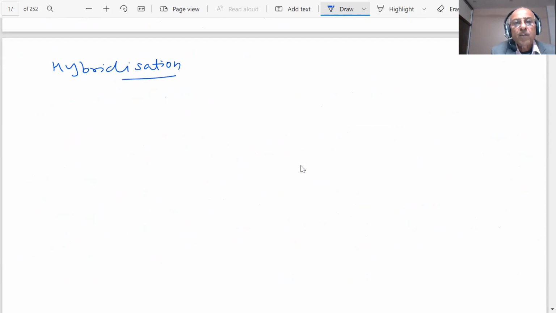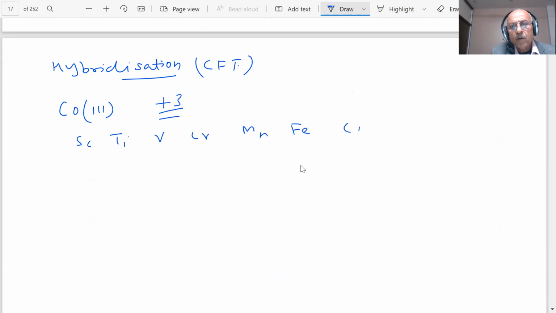Using the crystal field theory. How will you use crystal field theory to find the hybridization? Cobalt is in the +3 oxidation state. Scandium, titanium, vanadium, chromium, manganese, iron, cobalt, nickel, copper, zinc: 21, 22, 23, 24, 25, 26, 27.